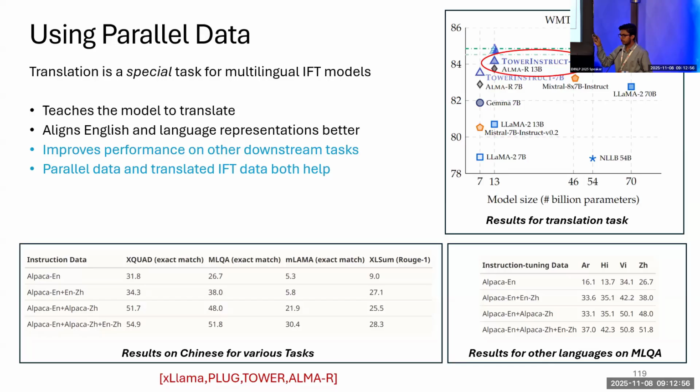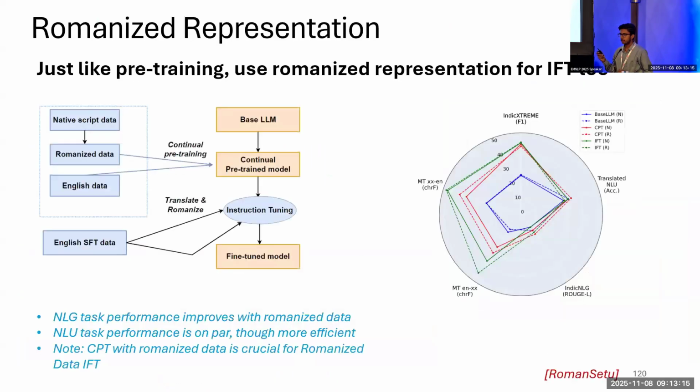So if you see the top right plot, it shows improved translation performance comparing other models. And if you see the bottom left table, it shows that adding translation data to your instruction data set can improve downstream performance on other tasks, not just translation. Now, again, Romanized representation, just like pre-training, using Romanized representation for IFT helps as well.